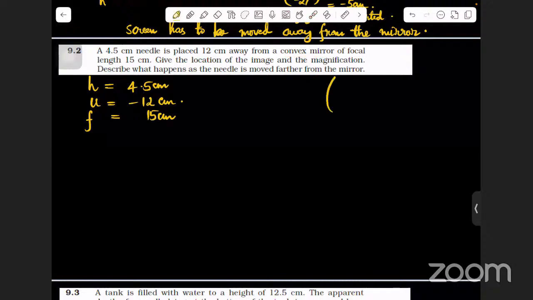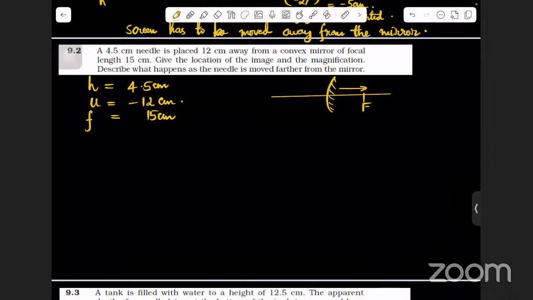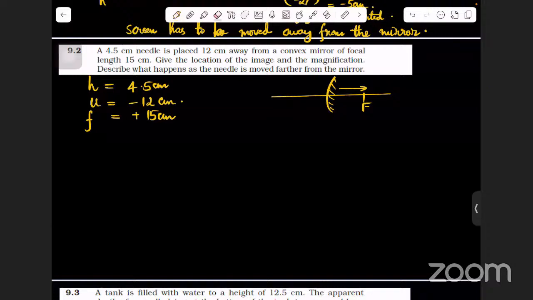A convex mirror has its focal length towards the right side. You all know this. So if it's towards the right side, from the sign convention it will be plus 15 centimeters, right? So we have been given the focal length, and the image distance we have to find, which is asked in the question.